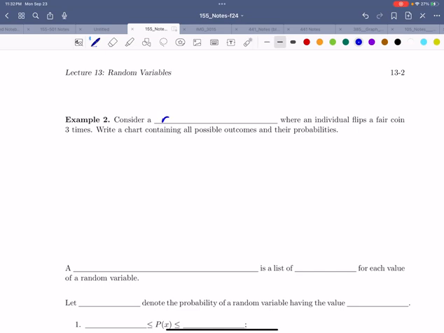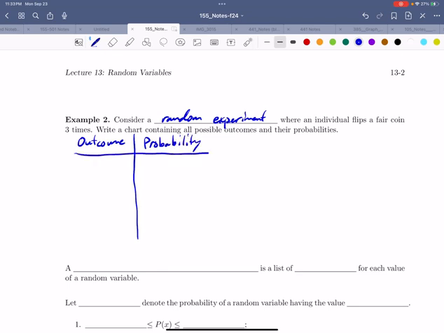So let's consider a random experiment. An individual flips a fair coin 3 times, right? What are all the possible outcomes and their probabilities? And what I'm assuming, by the way, is that you're familiar with the concept of a probability. If not, then you can look in chapter 5 in the book, but we're going to be skipping it.